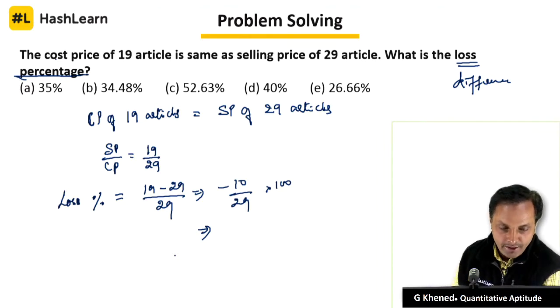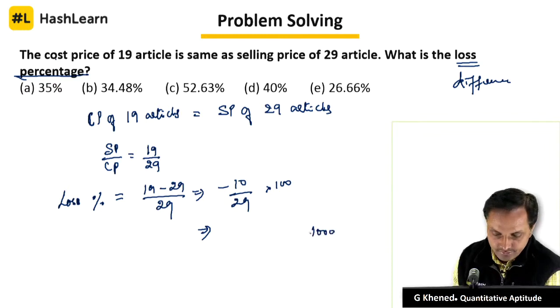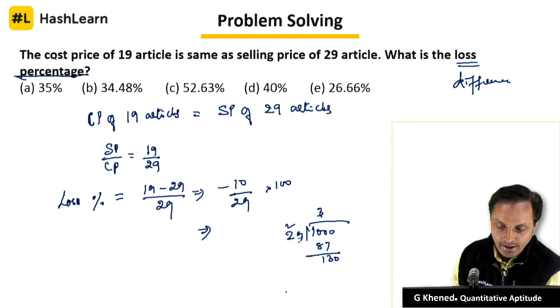That is 1000 divided by 29. 29 goes in 3 times, 9 3s are 27, 3 2s are 6, 130, then again it goes in 4 times, 4 3s are 12.